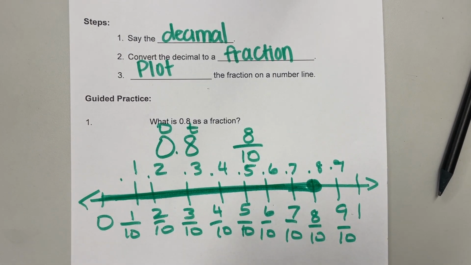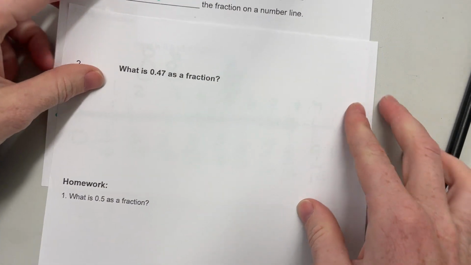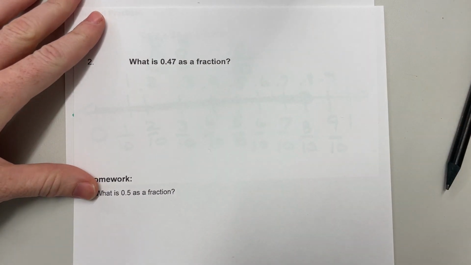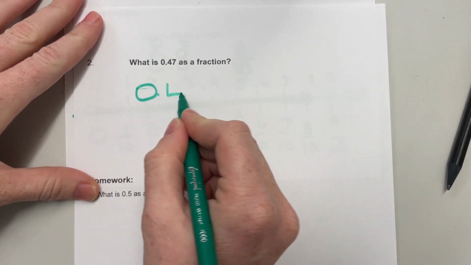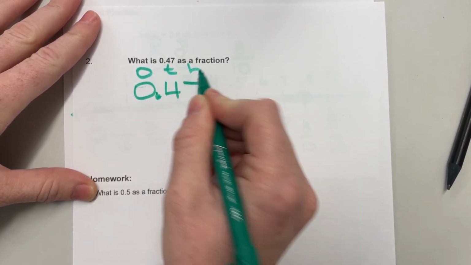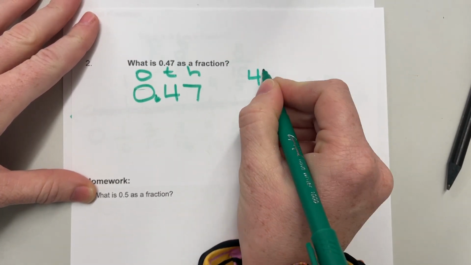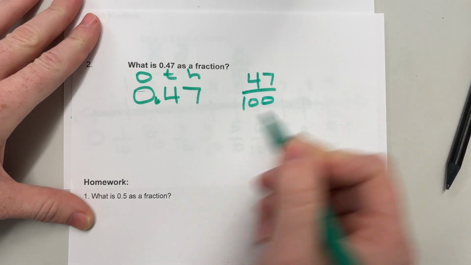Okay, we have one more problem that we're going to do together. It is, what is 47 hundredths as a fraction? We're going to write that number. We have our ones place, tenths place, hundredths place. So that is 47 hundredths.